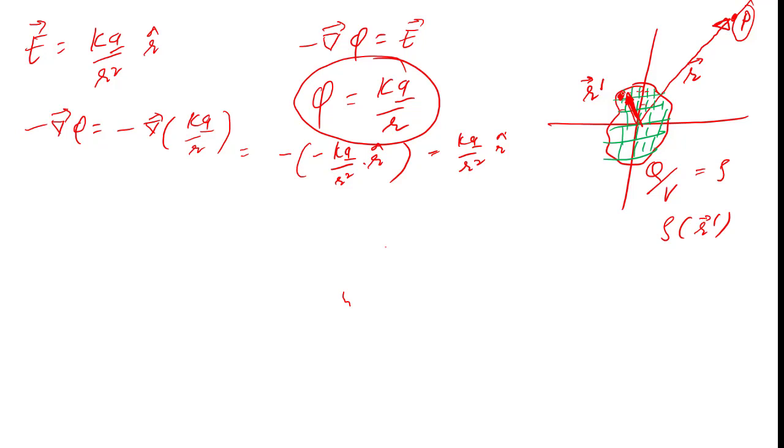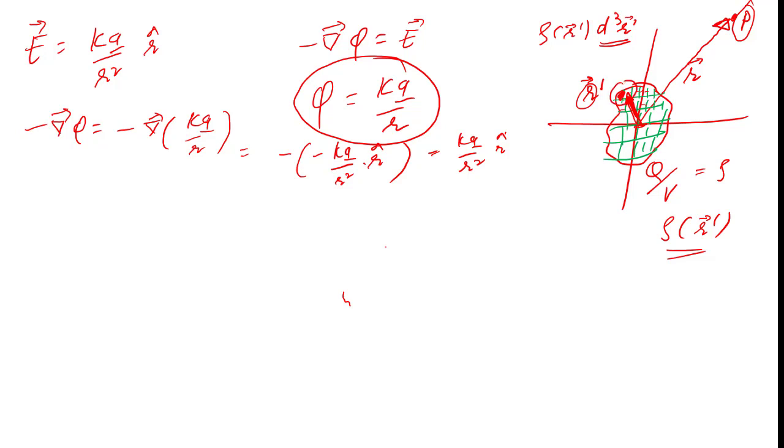If the rho here at r prime is rho of r prime, that is the charge density, then to get the total charge, we multiply the charge density at r prime with the tiny volume. I'm writing the volume as d cube r prime, to indicate that it is length, width, and height, in r prime, because r prime is the coordinate we're using to measure the distance from origin to each cell.